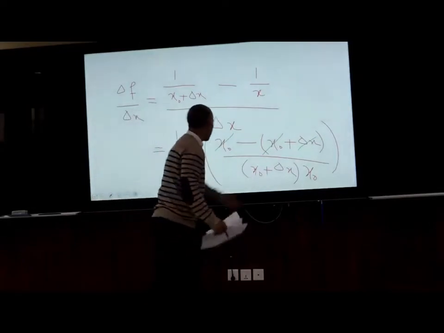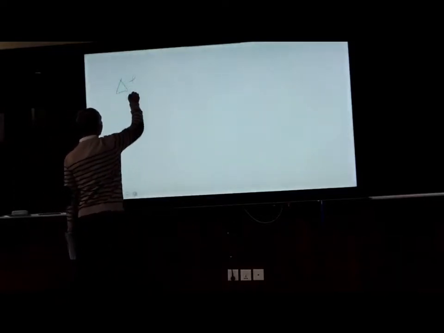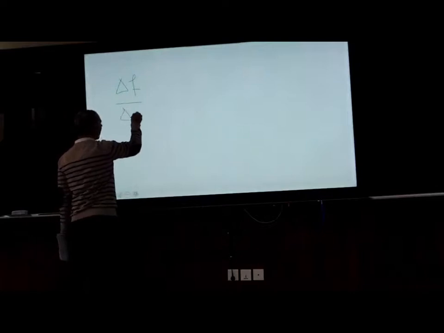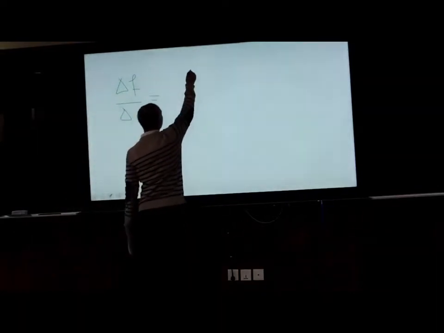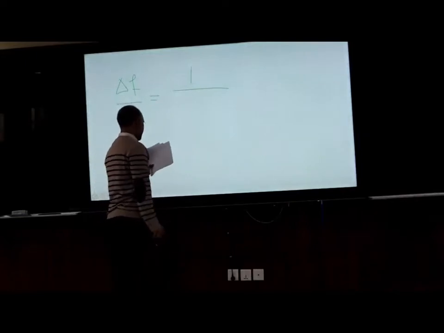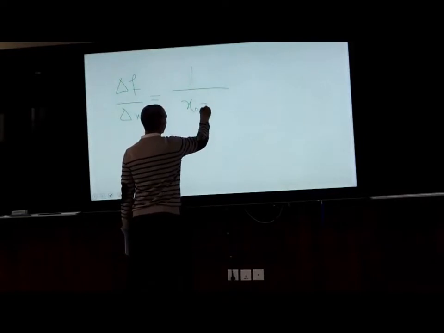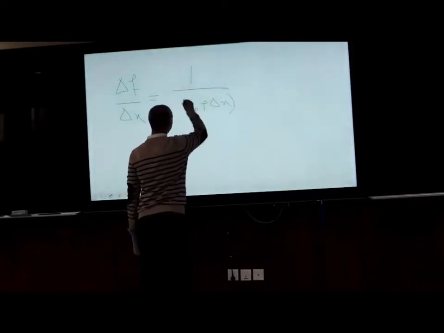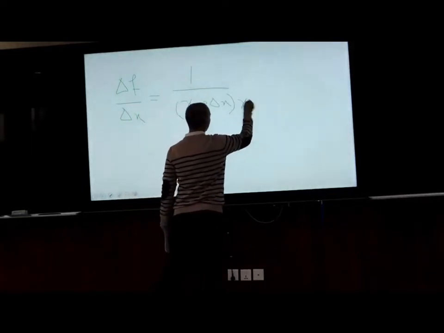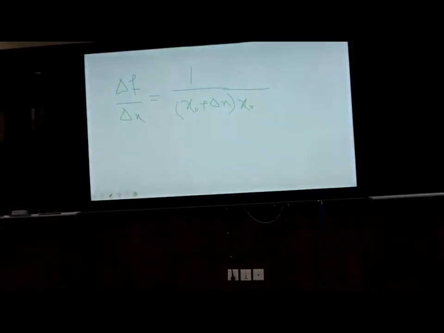This term will give us, in the next part, delta f over delta x. We will have some kind of stuff where x naught plus delta x multiplied by x naught. This is the slope of the normal line.